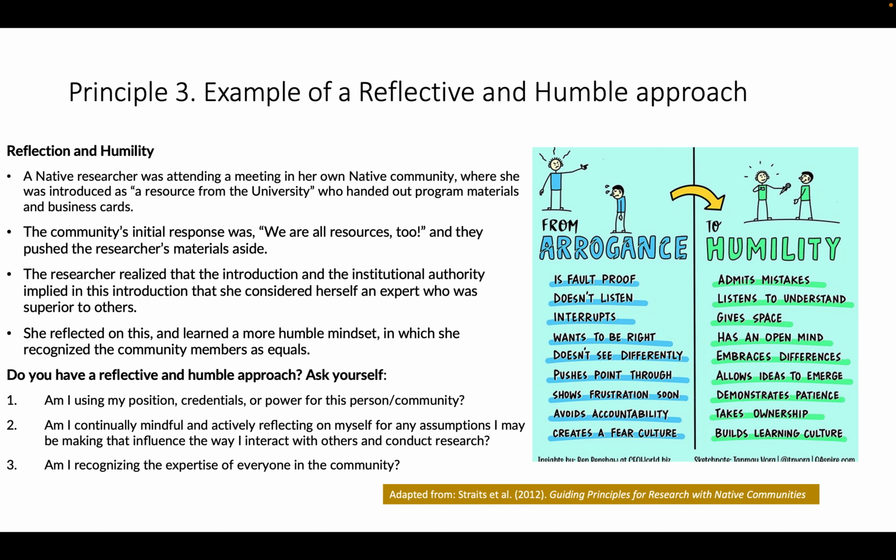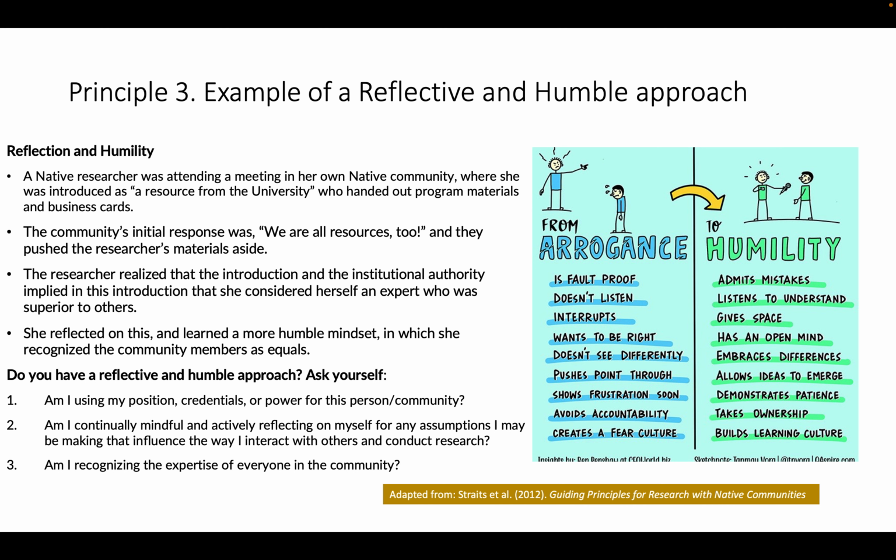Okay, so this is an example of a reflective and humble approach. I think I just showed you one. But let's go ahead with this one. Reflection and humility. A Native researcher was attending a meeting in her own Native community where she was introduced as a resource from the university, who handed out program materials and business cards.